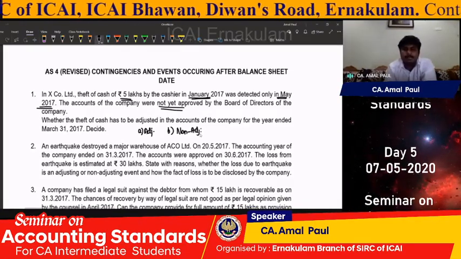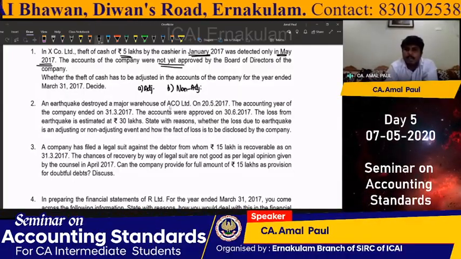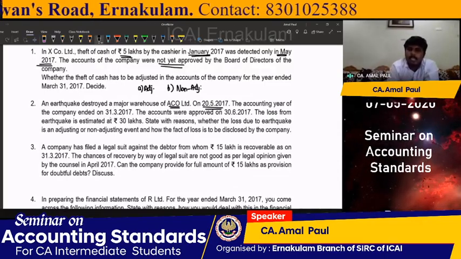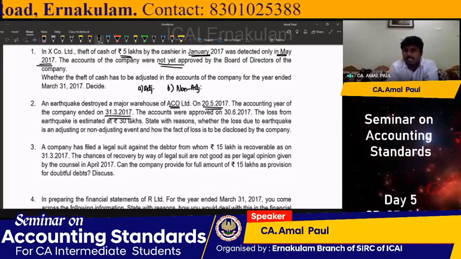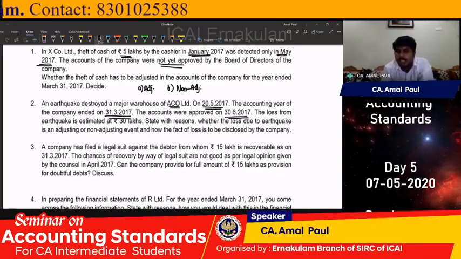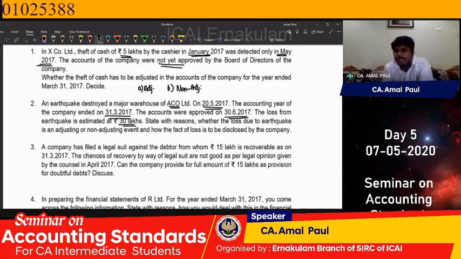Okay. Next one, an earthquake destroyed a major warehouse of Akko Limited on 20th 5 2017. Accounting year ended on 31 3 2017. Financial statements approved on 30th 6 2017. Loss from earthquake is estimated at 30 lakhs.